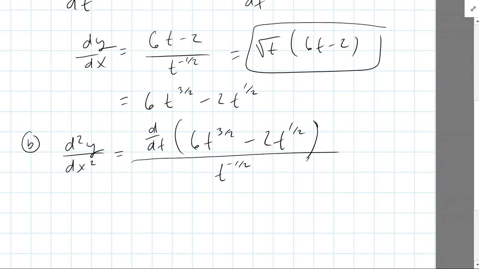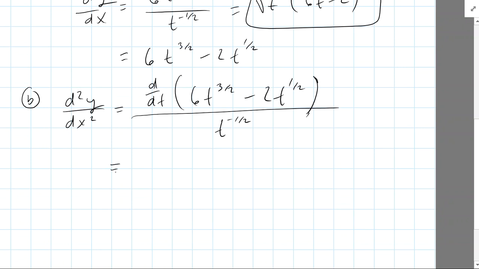So we take this derivative with respect to time. What is the derivative of 6t to the 3/2 power? 9t to the 1/2 power minus, what is the derivative of 2t to the 1/2 power? T to the negative 1/2 power. All over t to the negative 1/2 power.